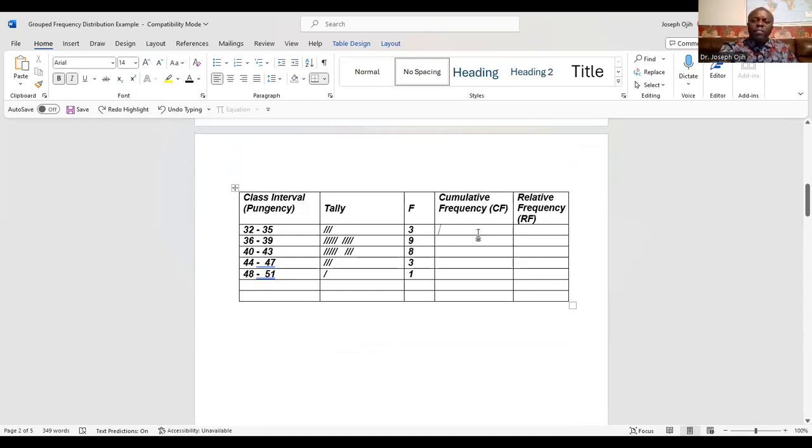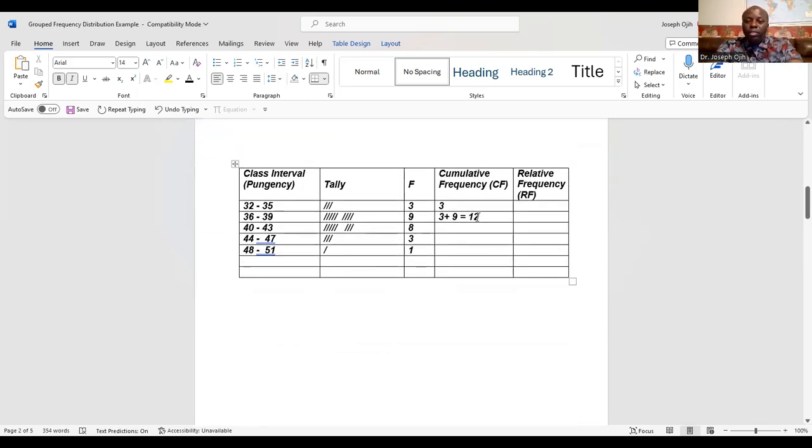In the cumulative frequency, the first frequency stays the same, which is 3. To get the next one, you add the frequency you have to the next frequency.